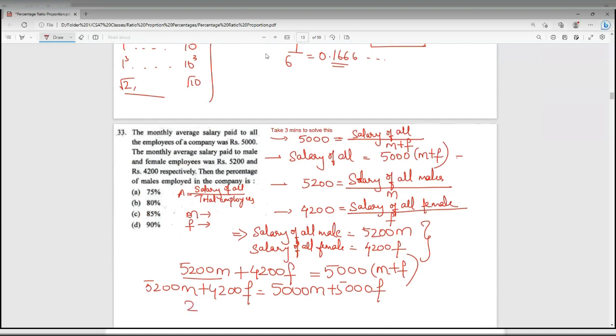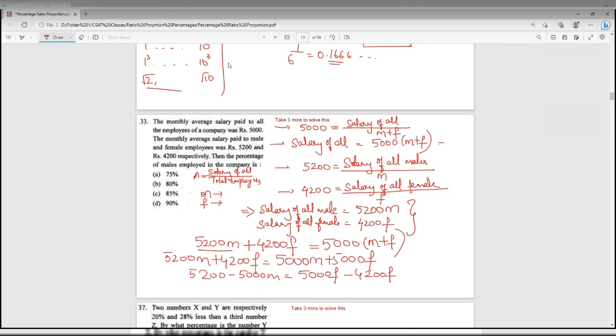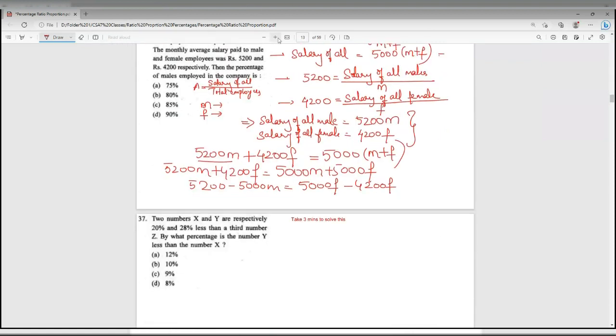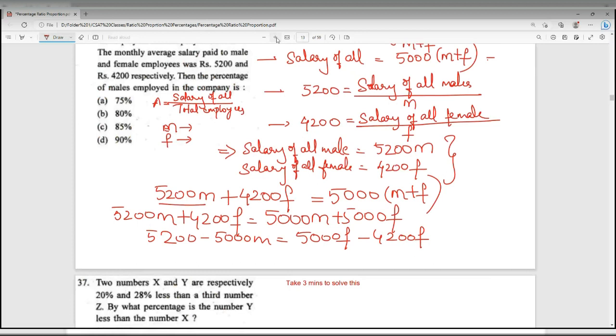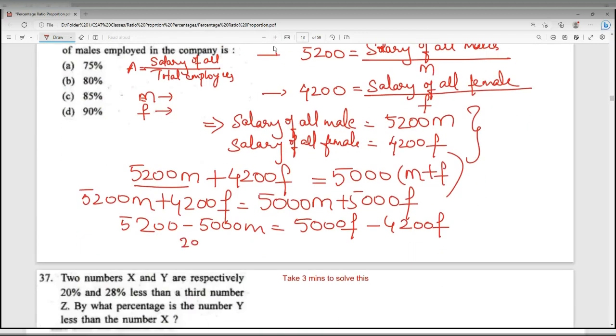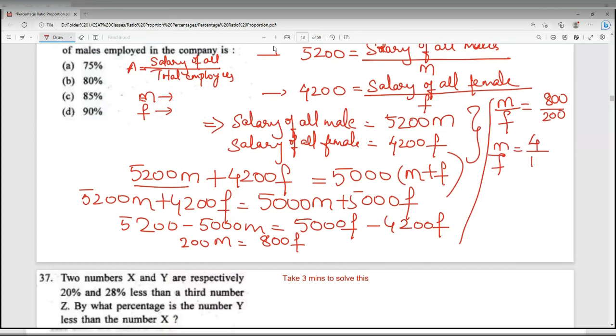So 5,200 minus 5,000 M is equal to 5,000 F minus 4,200 F. So this is 200 M is equal to 800 F, and then M by F is equal to 800 by 200, and M by F is 4 by 1.